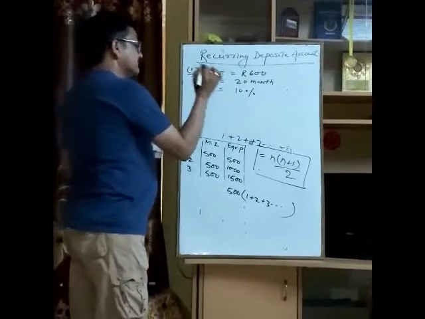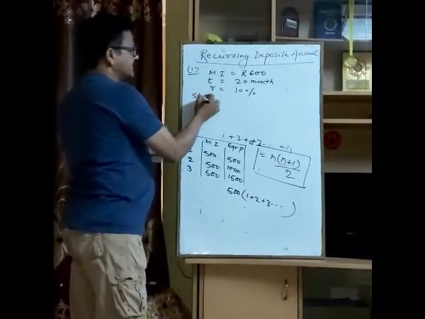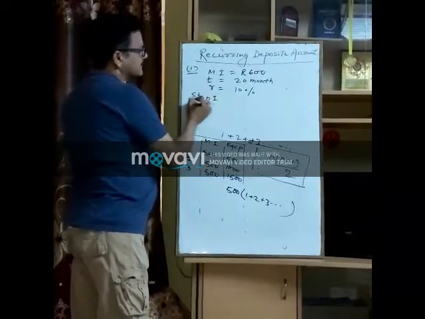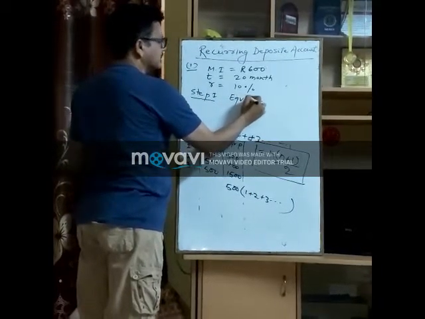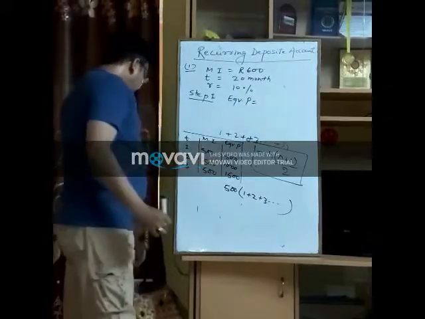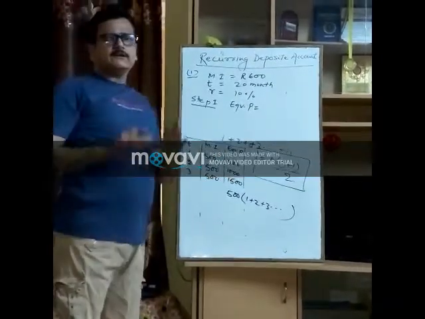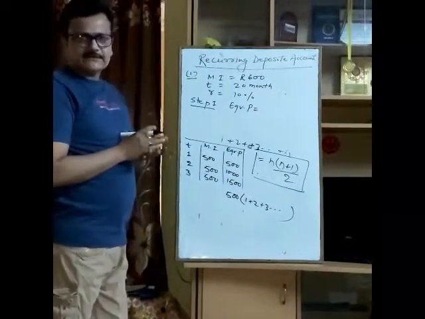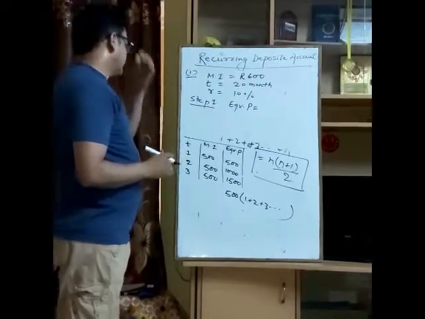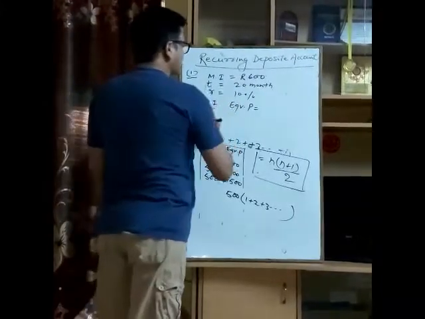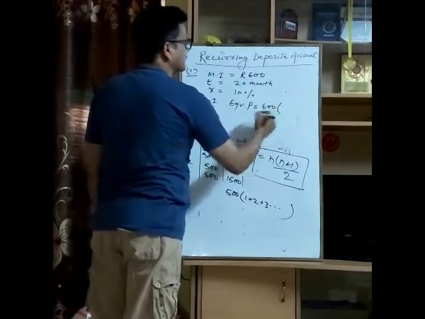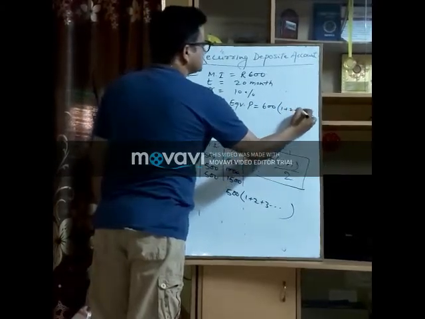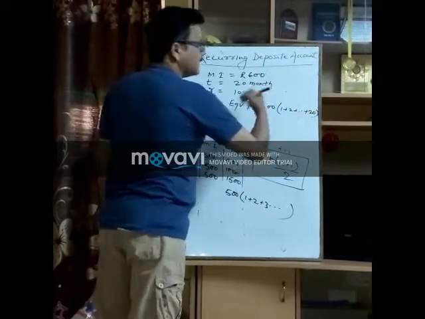So first, step 1. You calculate equivalent principal. Equivalent principal means on what money the interest is being given. That is equivalent principal. Equivalent principal will become 600 into 1 plus 2 plus up to 20.